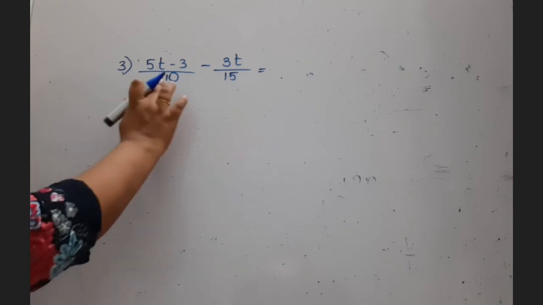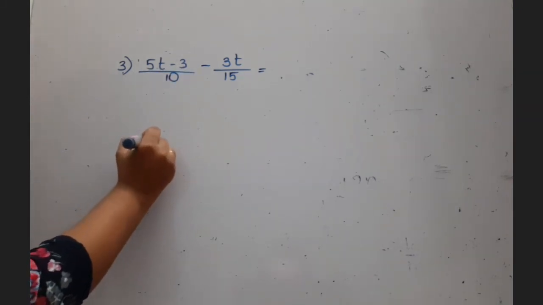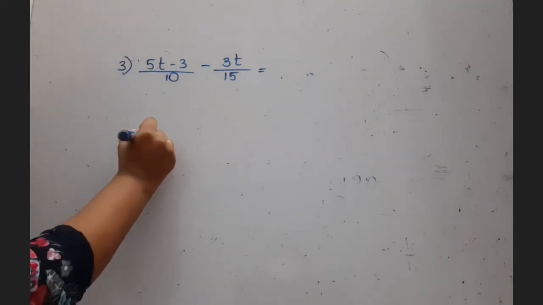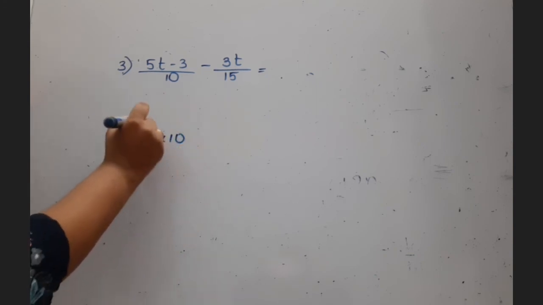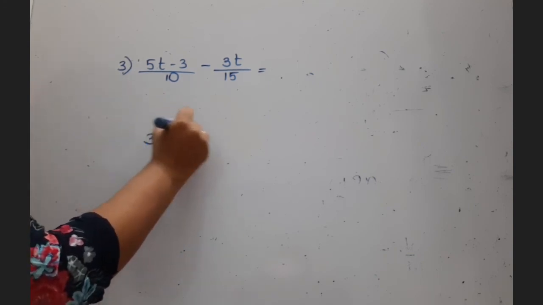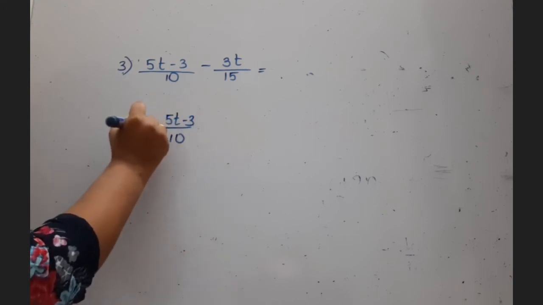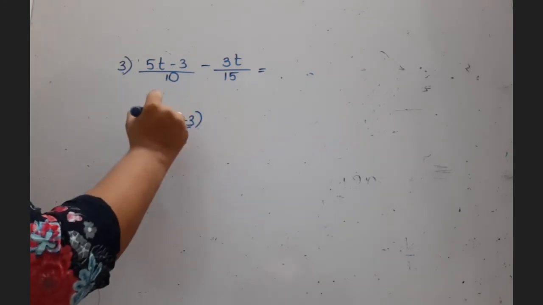So let's make the denominators 30. For that, we should multiply 10 by 3, right? In order to make it 30. So both the numerator and the denominator must be multiplied by 3. Am I right? So let's write it within the brackets.